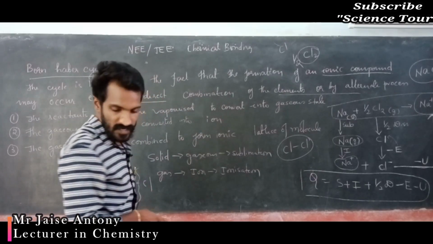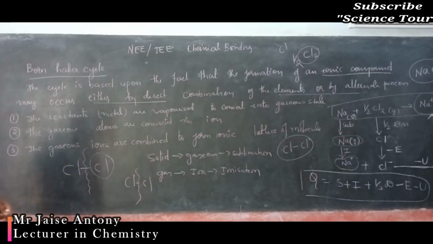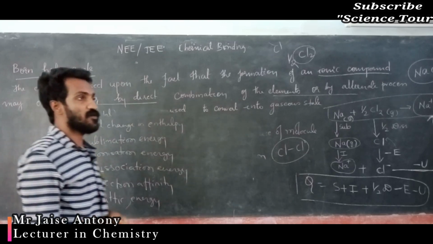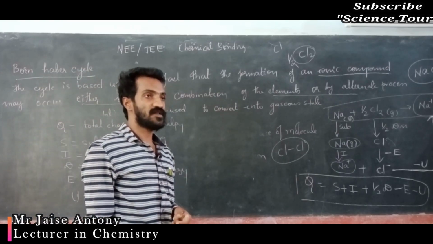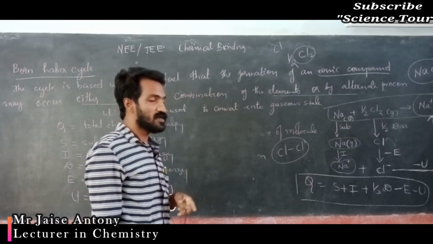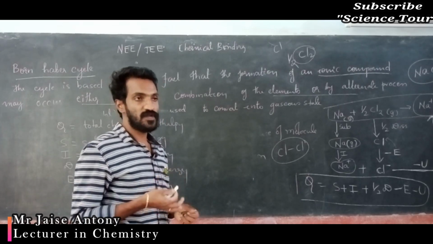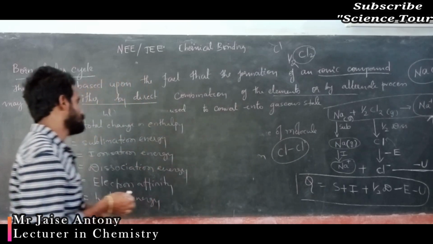I will write here, my dear students, to avoid confusion. Energy released during formation of 1 mole of crystal lattice of sodium chloride by combining ions of sodium and chloride is called lattice energy.